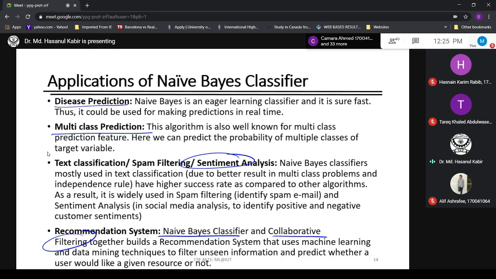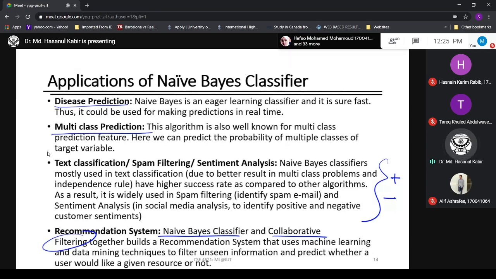Specifically for sentiment analysis, let's say I am given a post like this, whatever is written over there. I want to know whether this post represents a positive mood or a negative sentiment. We can do this classification. But the main thing we have to do is extract features. So in the case of text classification, what can be the features?